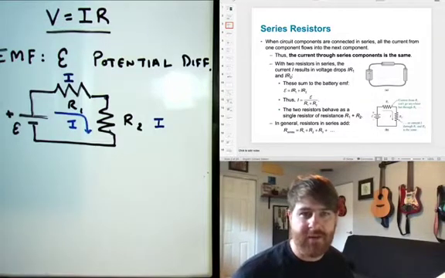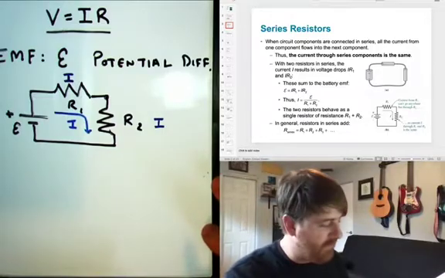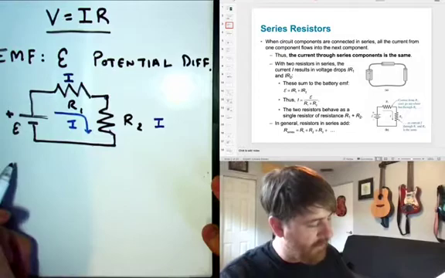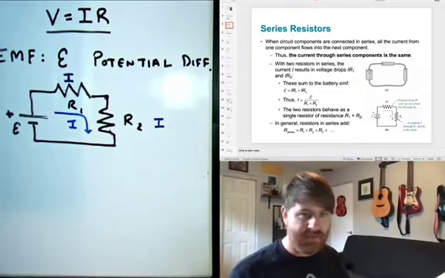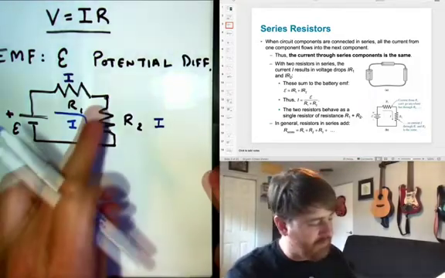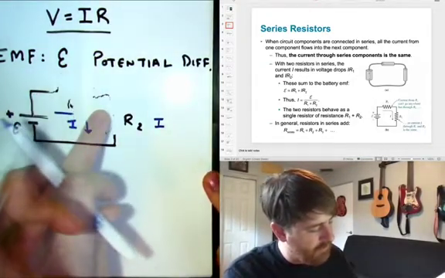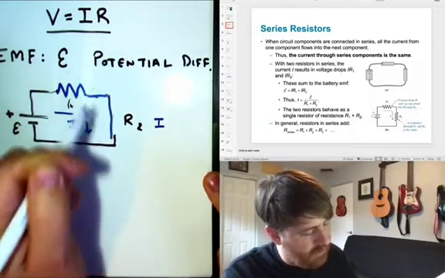Okay, so now I can see that for resistors in series, since the current's the same, if I were to replace this with an equivalent resistance, let's suppose that I just wanted to erase these all together and just say I have some resistor here which is R equivalent.